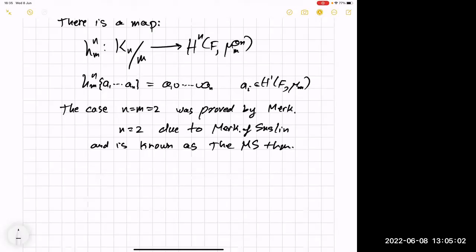The general case, well, let's say if m equals 2, it's what's known as the Milnor conjecture, and this was proved by Voevodsky, and the general case again was proved by Voevodsky.